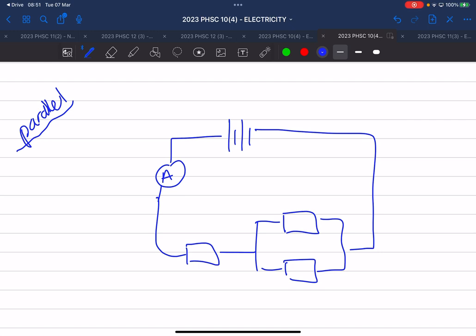Okay. Let's say again that we have 3 sandwiches.